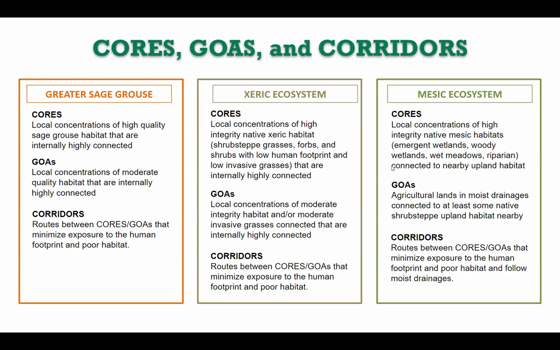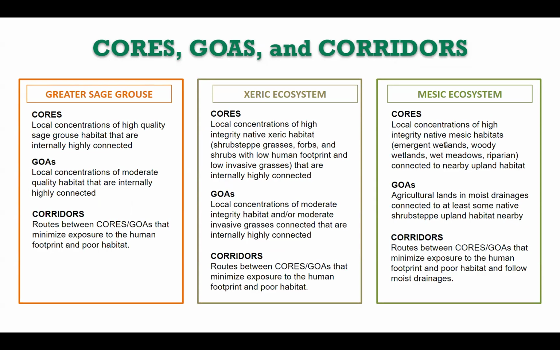For each of the three targets, we have these types of priorities. I already mentioned this, I think Janet did too earlier: cores, growth opportunity areas, and corridors. But the meaning of these is a little bit different depending on the target. So the cores for all three, at a high level, are just the best of what's left. The best sage-grouse habitat, the best dry and mesic ecosystem habitat.